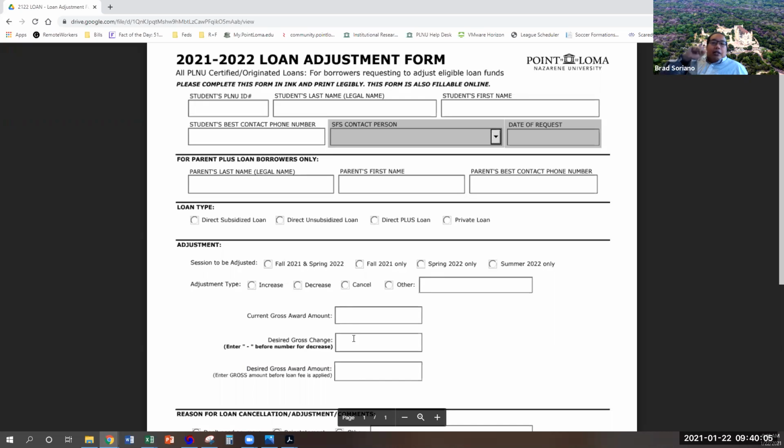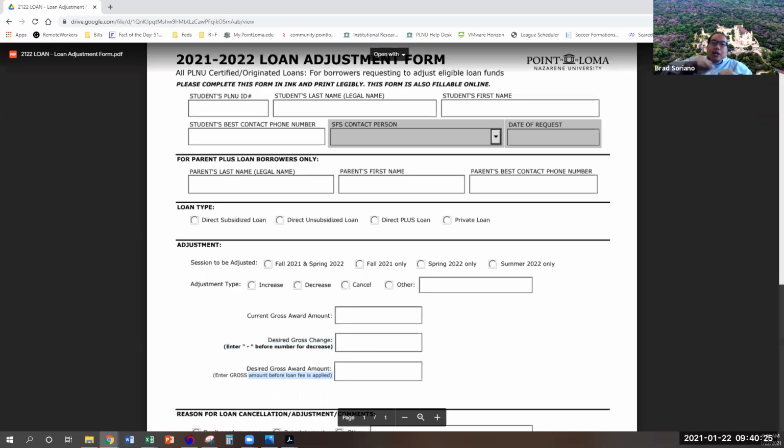I want to reduce the loan. To cancel it, I have to put $1,750 in there again to get zero. So the wording on the side does not make sense if you're looking at it as math, because you want to have the amount you want to reduce it by, and then the desired gross amount. And you have this desired gross change.